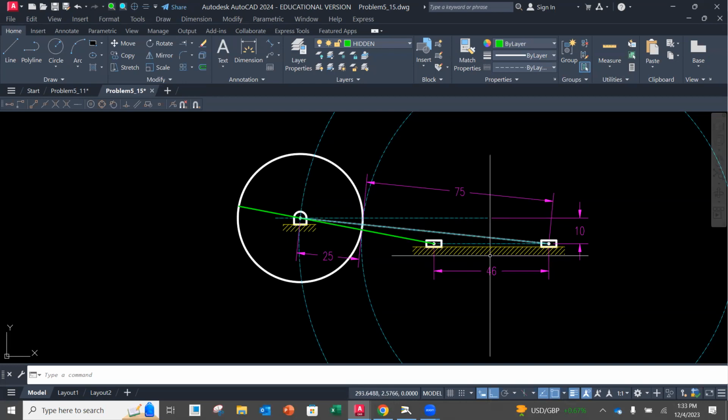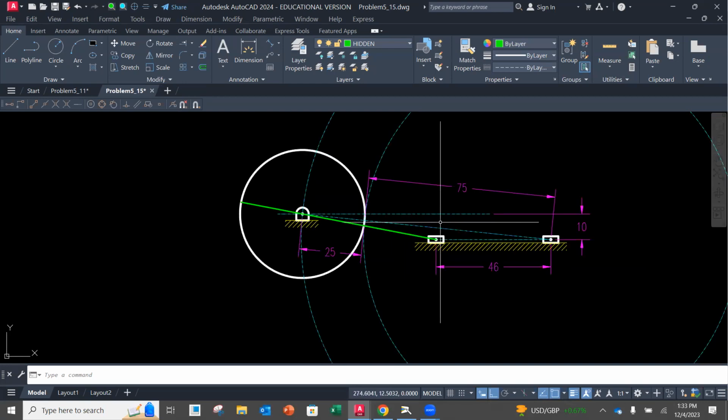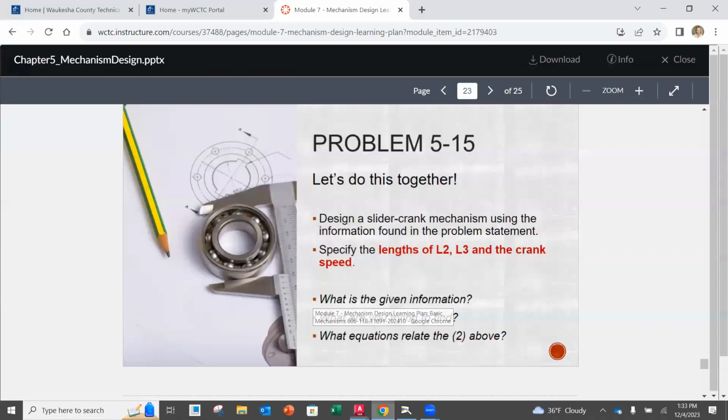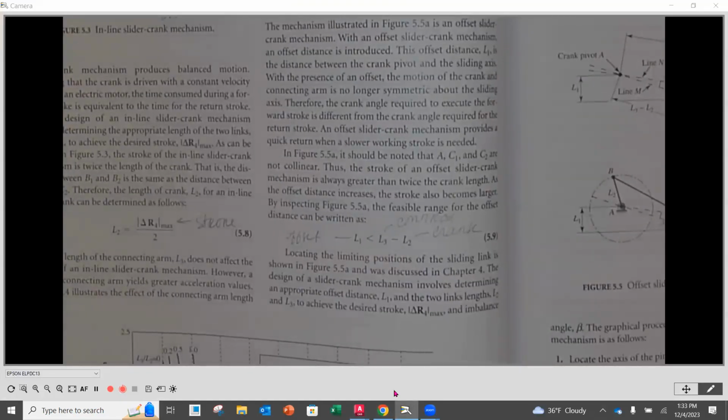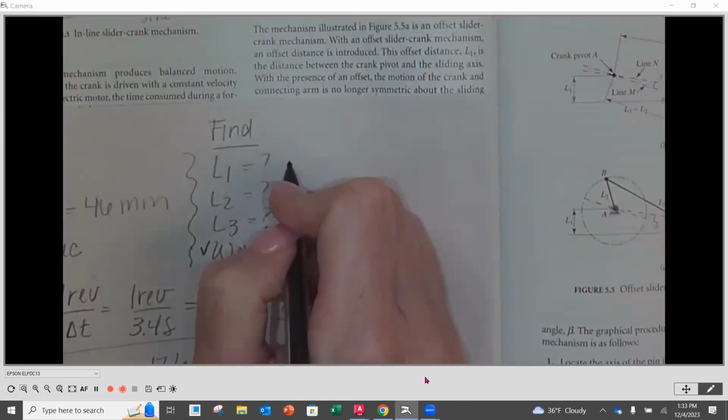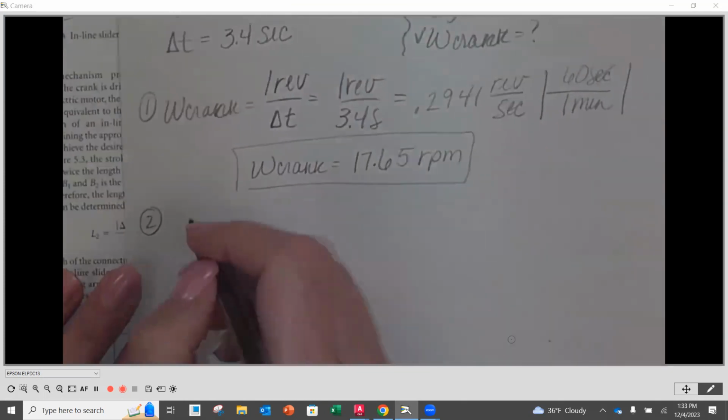But you have to make sure that you lay it out and add at least the dimensions that we see here, with the appropriate labels. So now, since I chose 75 for my L3, I'm going to go underneath here, back to my problem, and I'll put it down here.